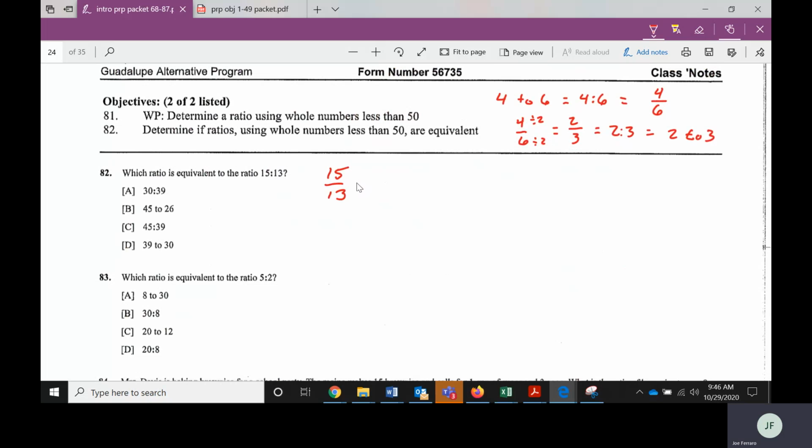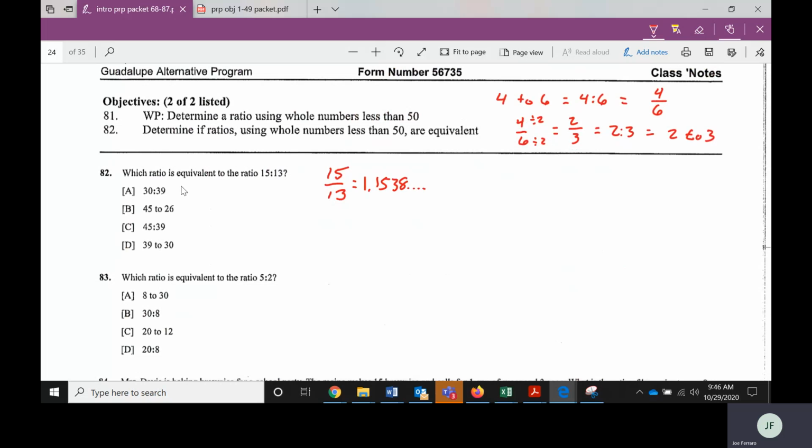Okay, so one way is to write this as a decimal. Okay, and so if I take 15 divided by 13, we get 1.153, 8, and then some other numbers.